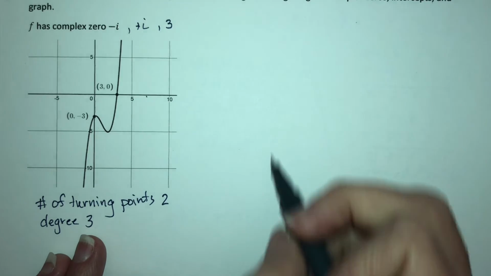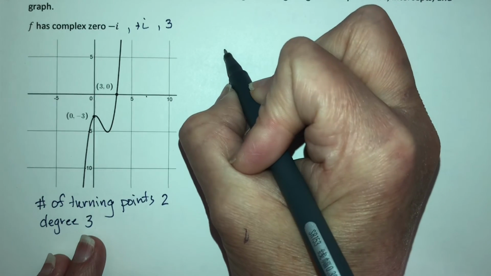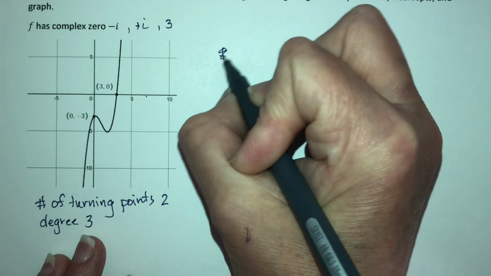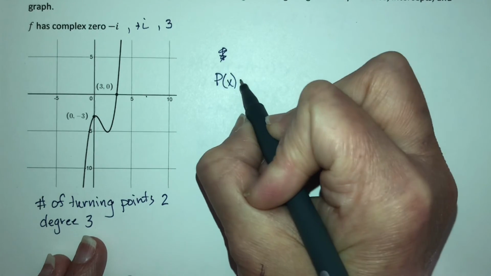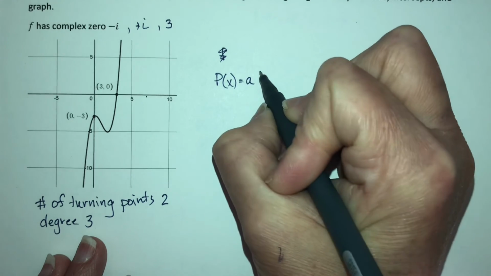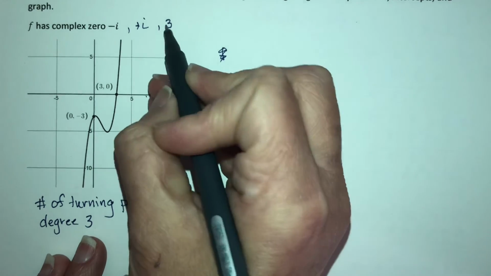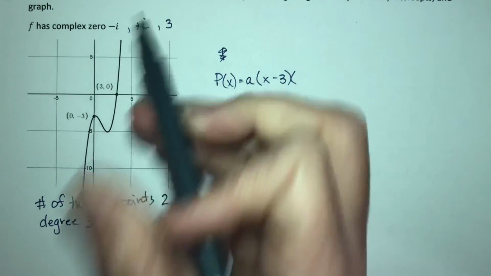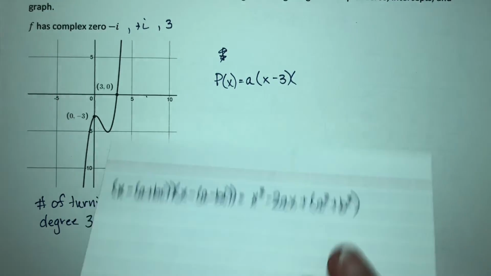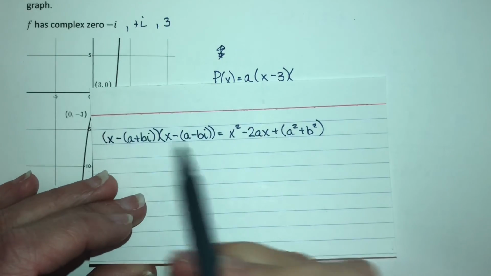Okay, so what I know if I use my factor theorem is the polynomial I'm using, I'm going to use p of x because that's what the book uses, is some number a times x minus 3 times, we need to find what happens when we multiply these 2 bits together.